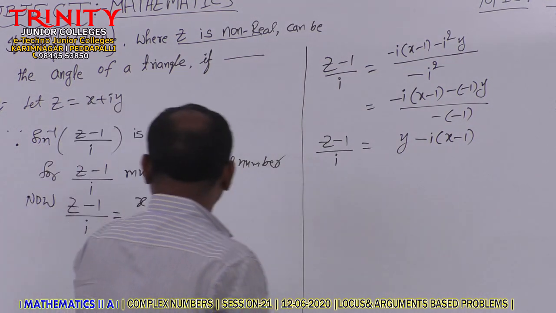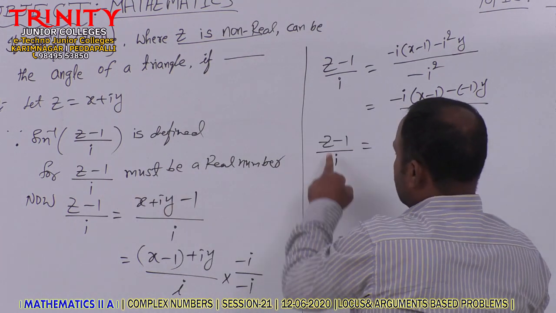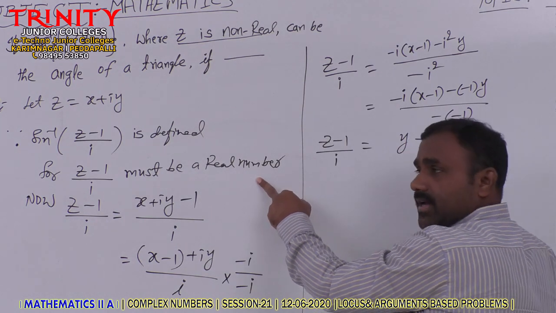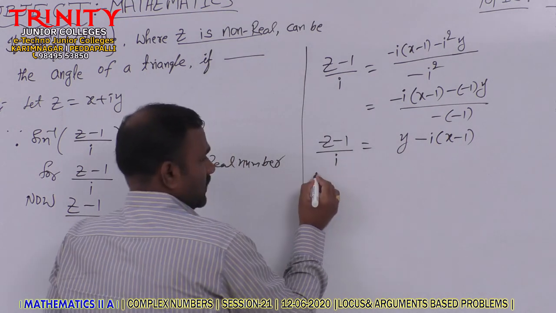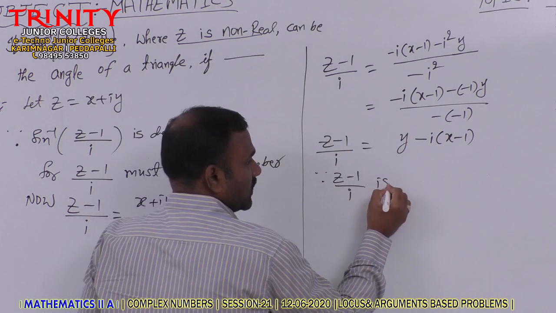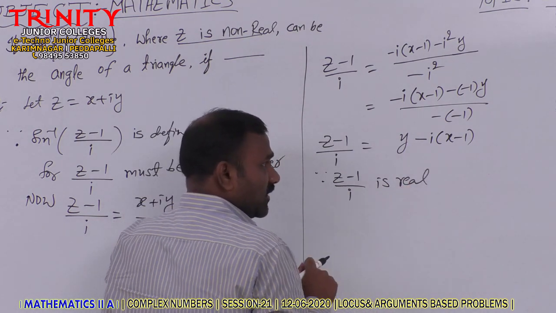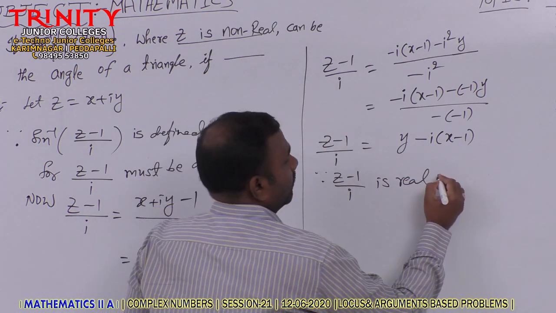What we are saying: z minus 1 by i must be a real number. Since z minus 1 by i is real, if it is real, it means the imaginary part is 0, or not?